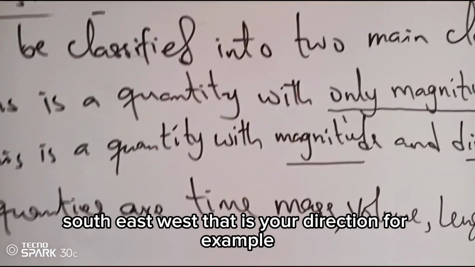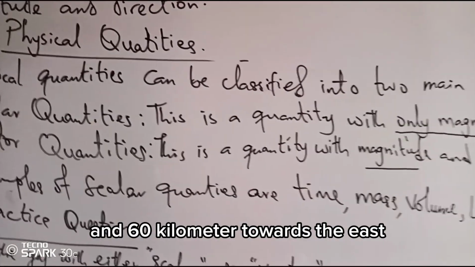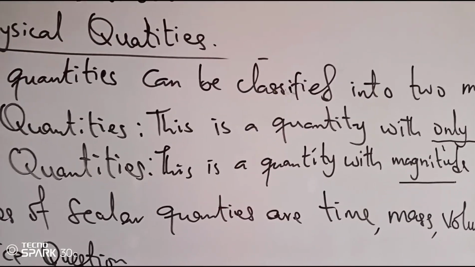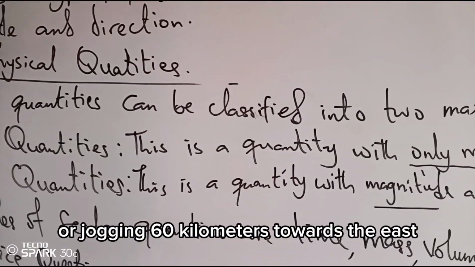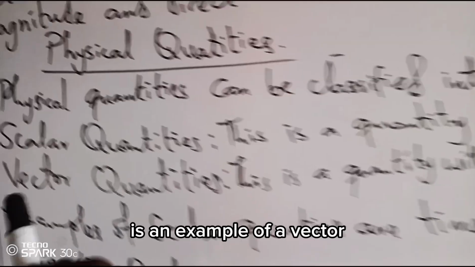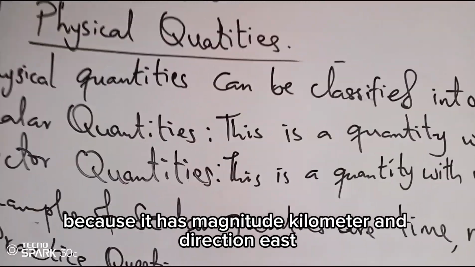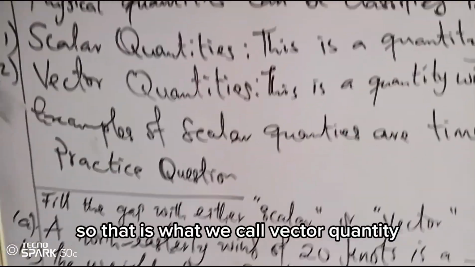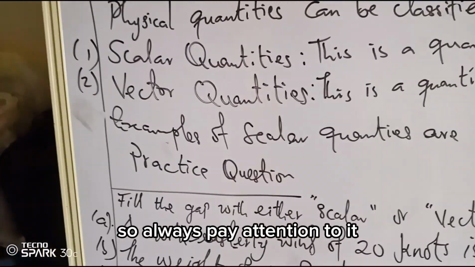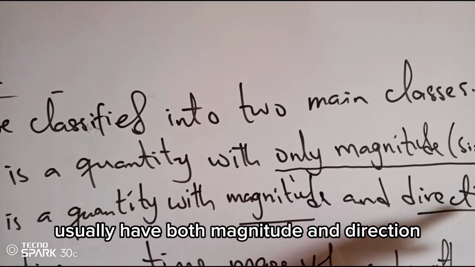For example, a boy walking 60 kilometers towards the east, or jogging 60 kilometers toward the east, is an example of a vector, because it has magnitude, kilometers, and direction, east. So always pay attention to it. A vector quantity usually has both magnitude and direction.